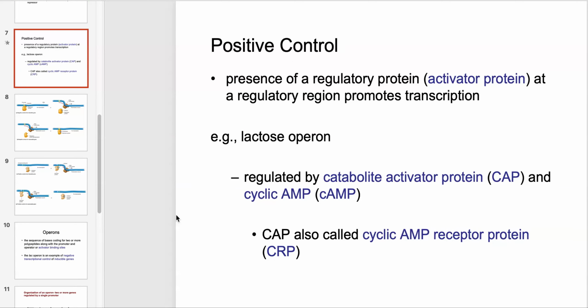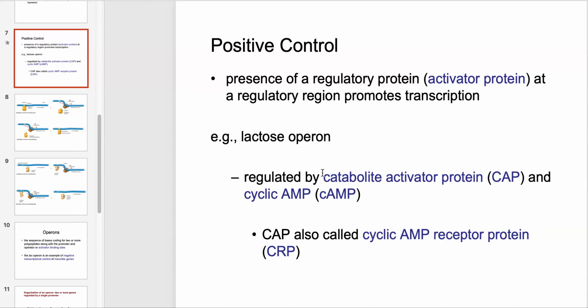There's also a positive control component. Usually the positive and negative control components are competing with each other in order to get fine-tuned gene expression. The presence of a regulatory protein or activator protein at a regulatory region promotes transcription. So there are positive regulators that activate the lactose operon. These are CAP, or catabolite activator protein, and another component called cyclic AMP.